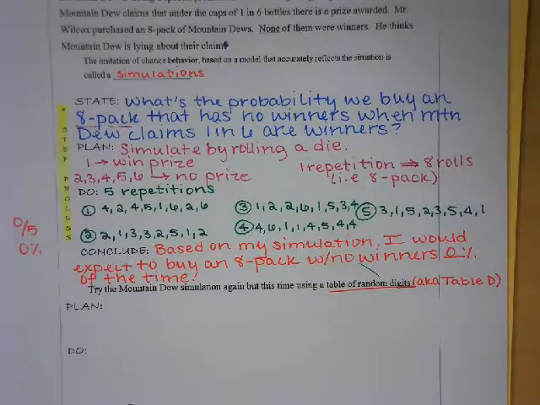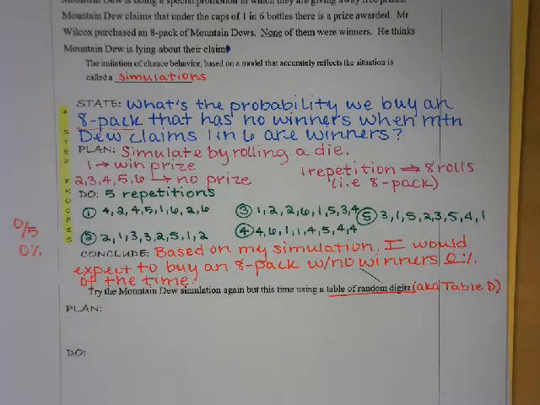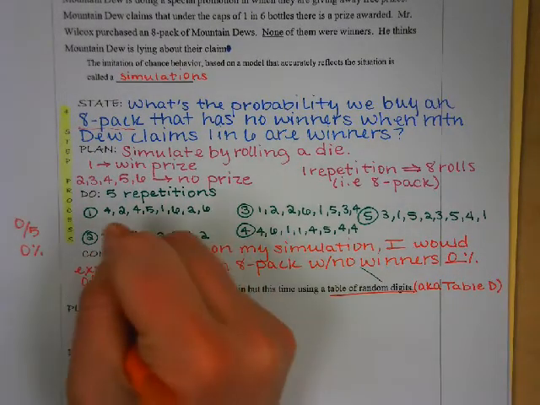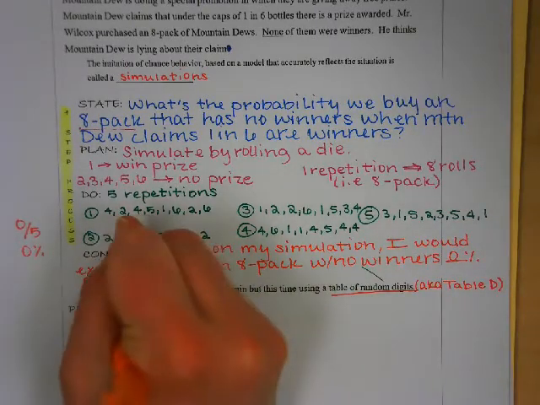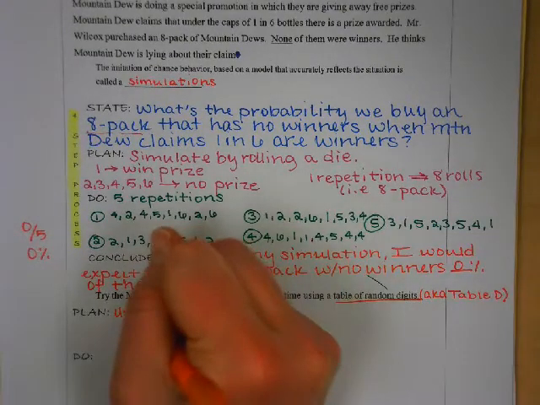So when we write our plan, we're going to say that we're using the table of random digits. I mean, it does say it, but in your plan, you should specify how you're doing your simulation.